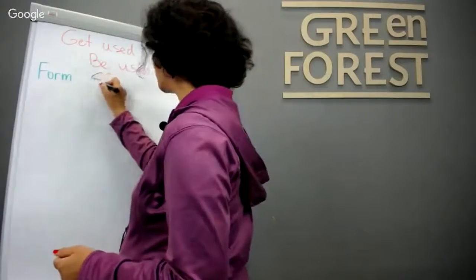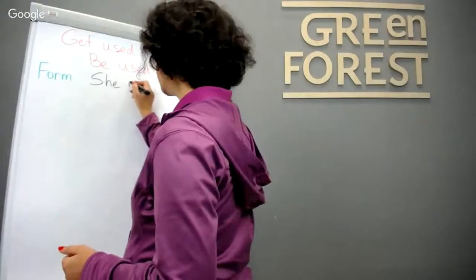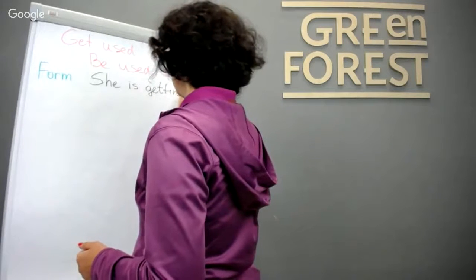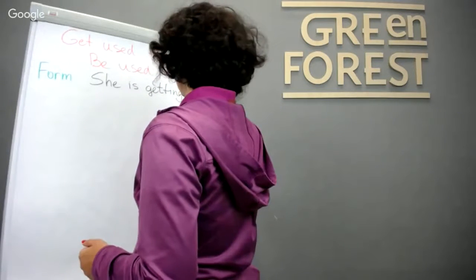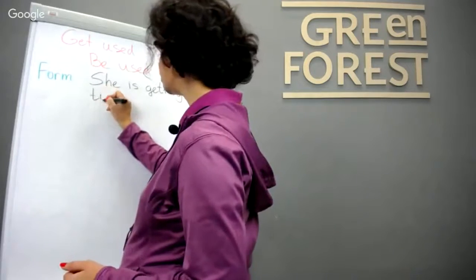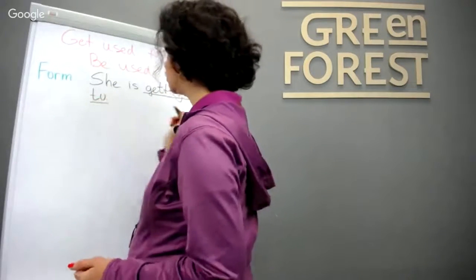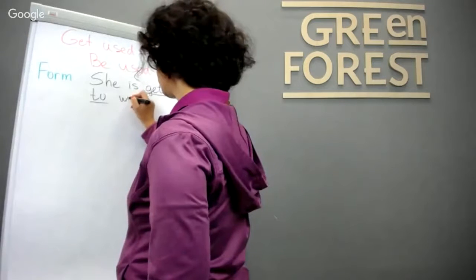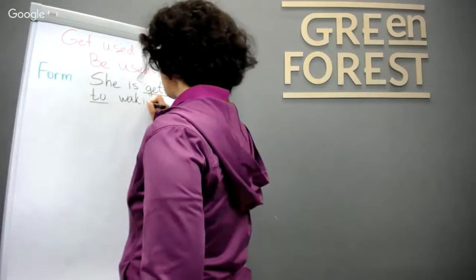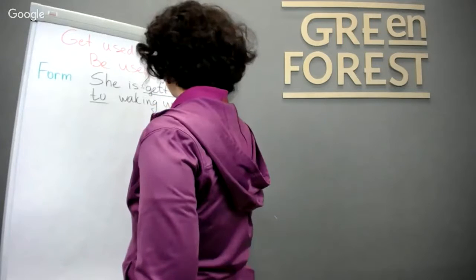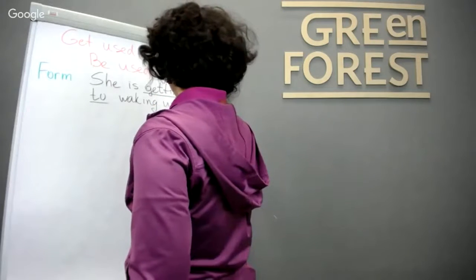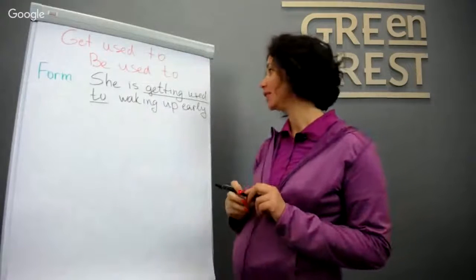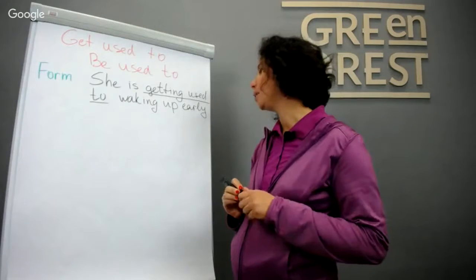The example: she is getting used to. This is our construction, getting used to. And then we can say anything. She's getting used to waking up early. I will explain this example a little bit later. So she's getting used to waking up early.